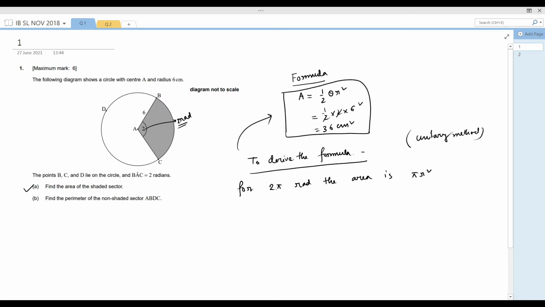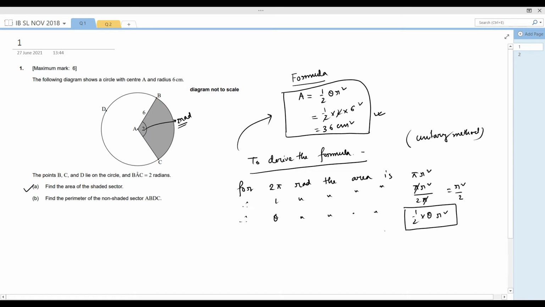So for 1 radian, the area is pi r squared divided by 2 pi. Cancel out the pi, so it is r squared by 2. And so for theta radian, the area is half into theta r squared. This is the formula that we have derived.